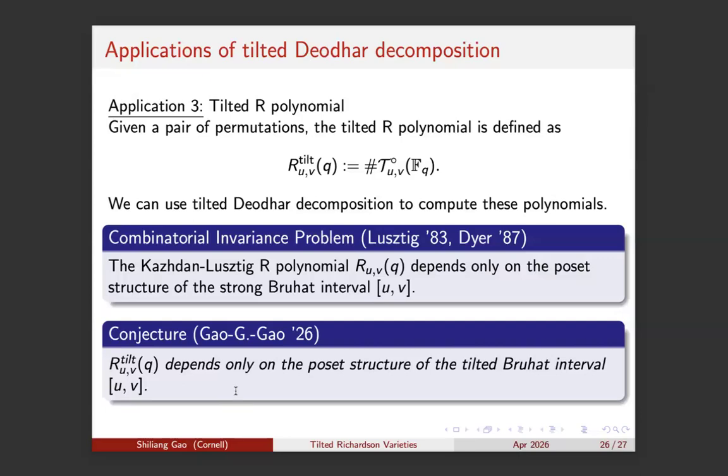You take any reduced word of u, any reduced word of v, and you do something like T_u times T_v inverse inside the Hecke algebra, and you take the trace, which gives you the R-polynomial. We proved a tilted generalization of that, where you take a tilted reduced word of u, a tilted reduced word of v, you still do T_u, T_v inverse, you take the trace, and that gives you the tilted R-polynomial, the point count in this case.